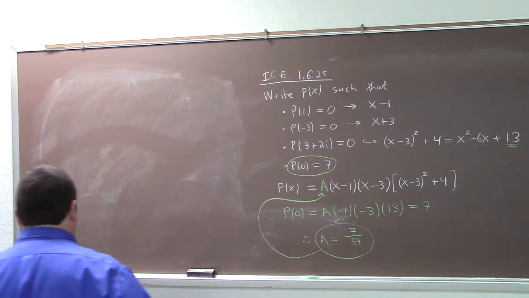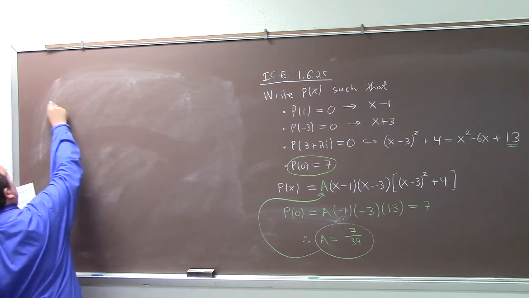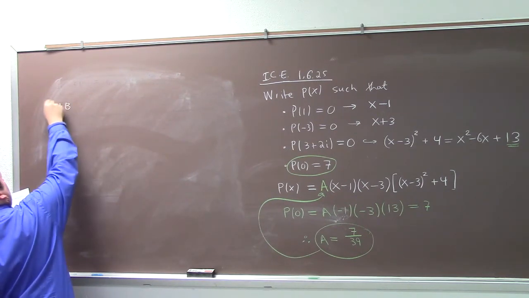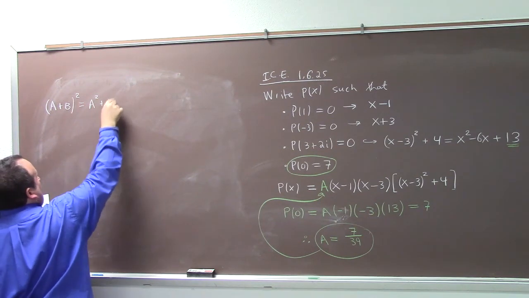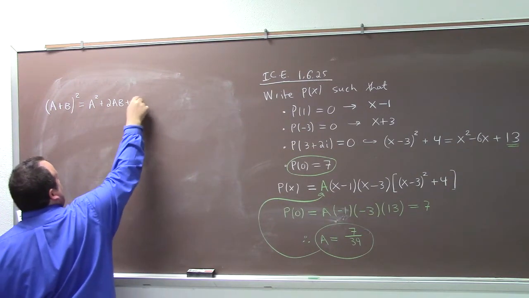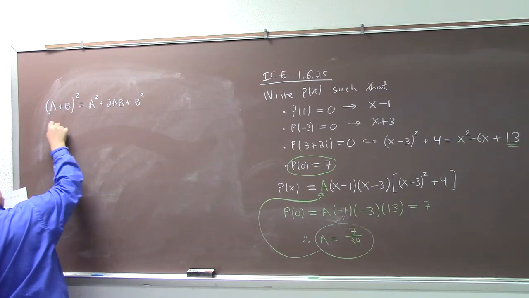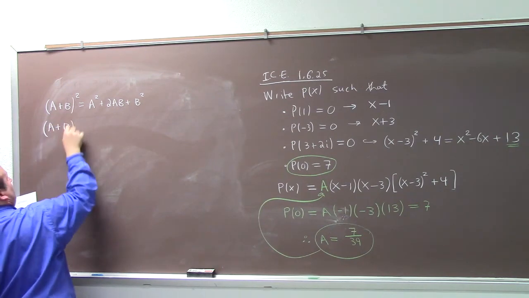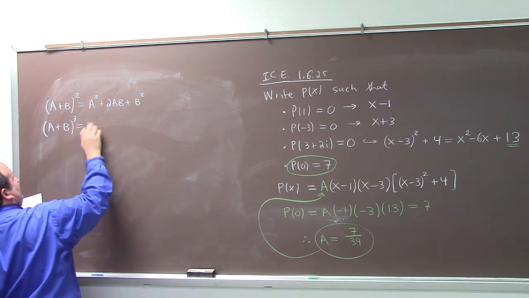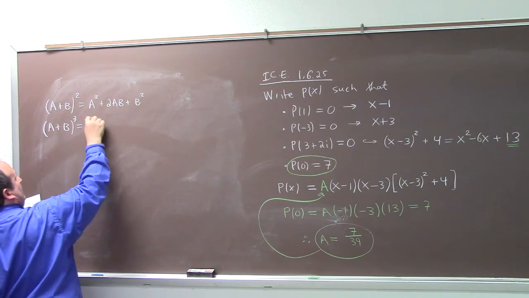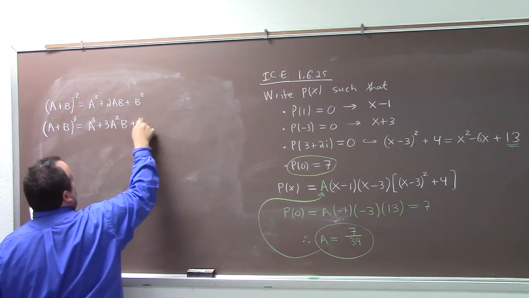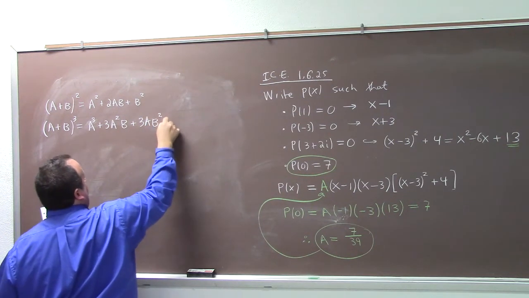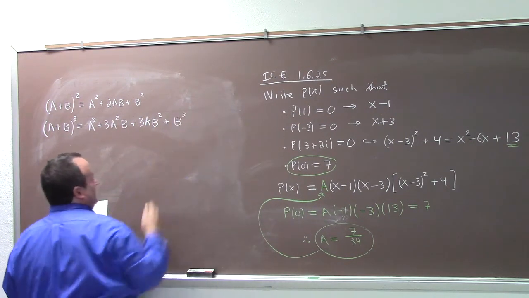Here, let me write down some identities. So like a plus b squared, what is it? It's a squared plus 2ab plus b squared, right? A plus b cubed, well that guy is a cubed plus 3a squared b plus 3ab squared plus b cubed.